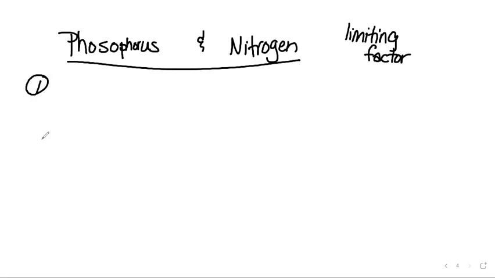What are the two major things that a living organism uses phosphorus for? Oh, ATP.